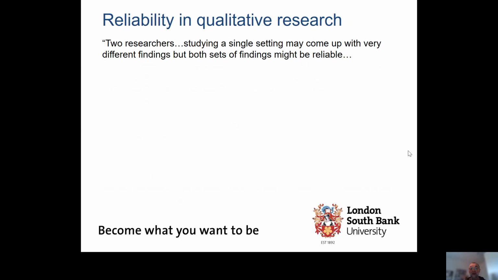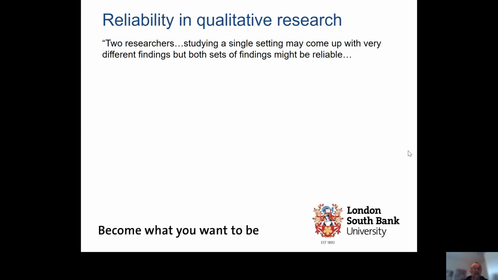Two researchers studying a single setting may come up with very different findings, but both sets of findings might be reliable. This is an interesting thing because in terms of qualitative research, you'd be looking at surveys or interviews, for example. You're getting some stuff from your participants.